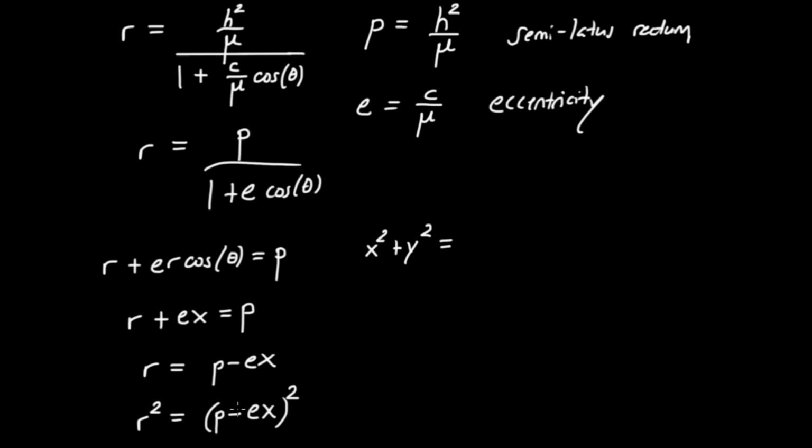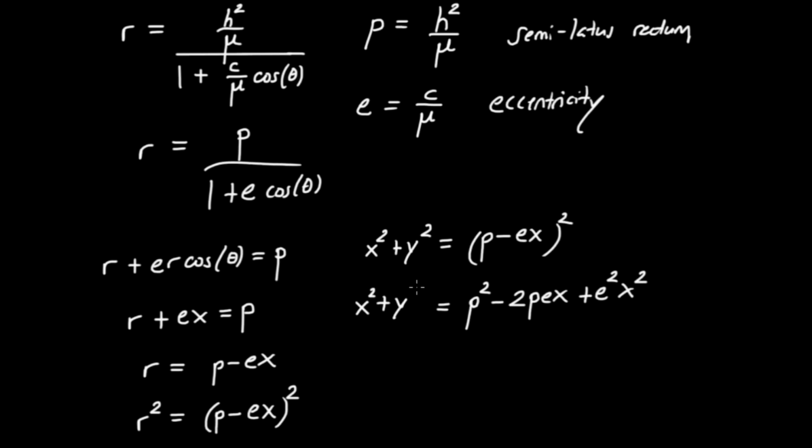That's the left hand side. And the right hand side, I'm going to keep around. Let me actually square that term. The square is going to be P squared minus 2 P E x plus E squared times x squared. That's still equal to that left hand side.